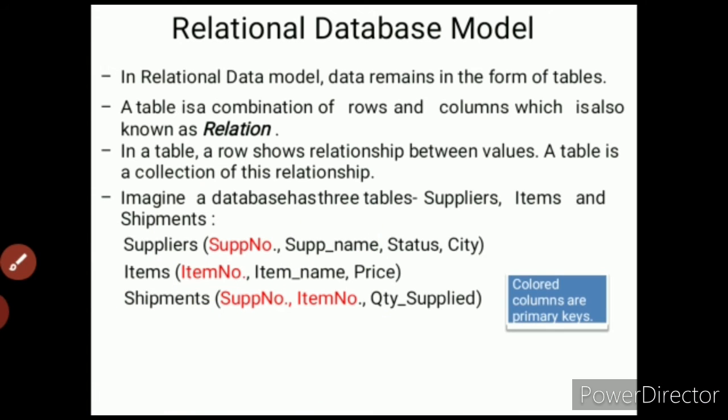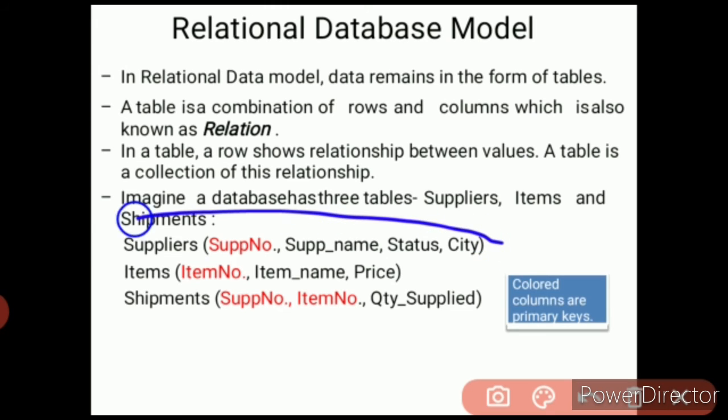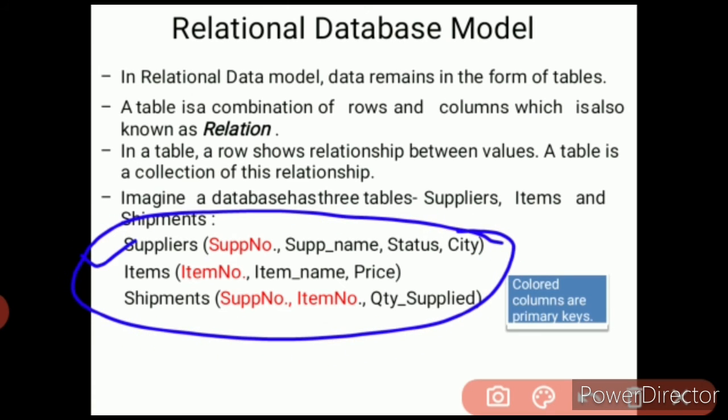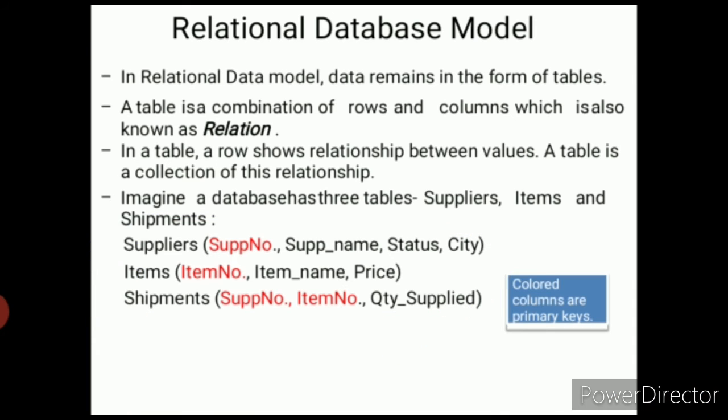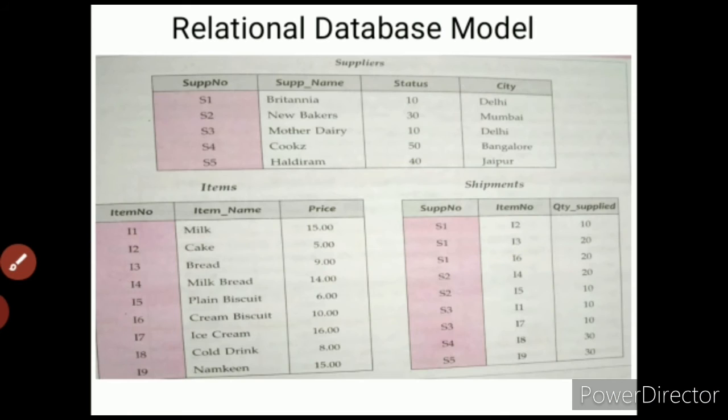Okay. Imagine a database has three tables: suppliers, items, and shipments. Here you can check a different kind of example we are having, where the tables are suppliers, items, and shipments. So you can easily make your database as per your choice, whatever values you want to take as suppliers, items, and shipments, right? And make your database. Next, here you can check, I already made a particular relational database model.